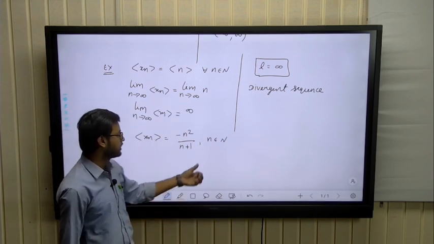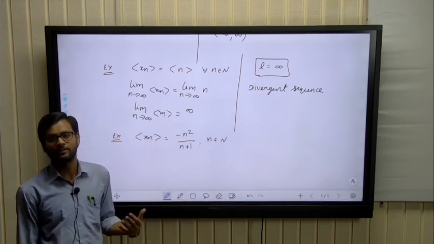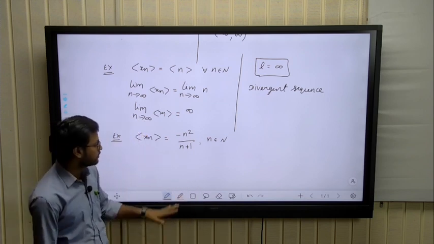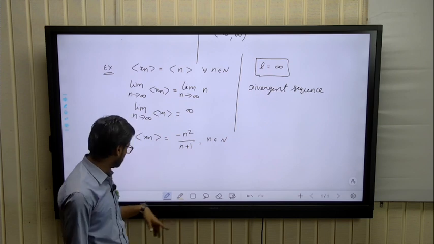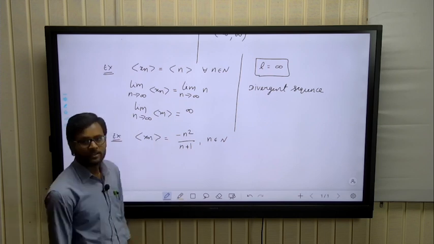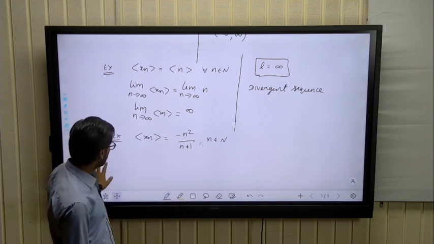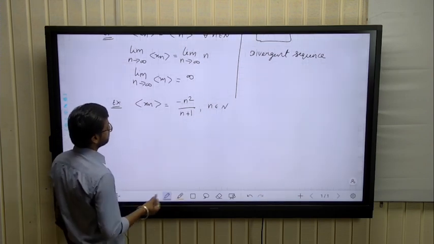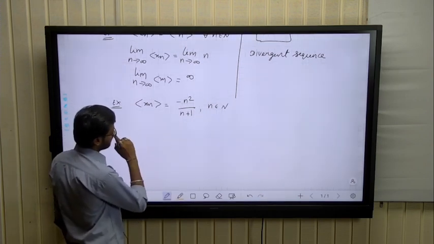We all know about natural numbers, because the sequence definition says that the n we use comes from natural numbers. So this is not a major discussion topic; we only talk about the limit, convergent and divergent.